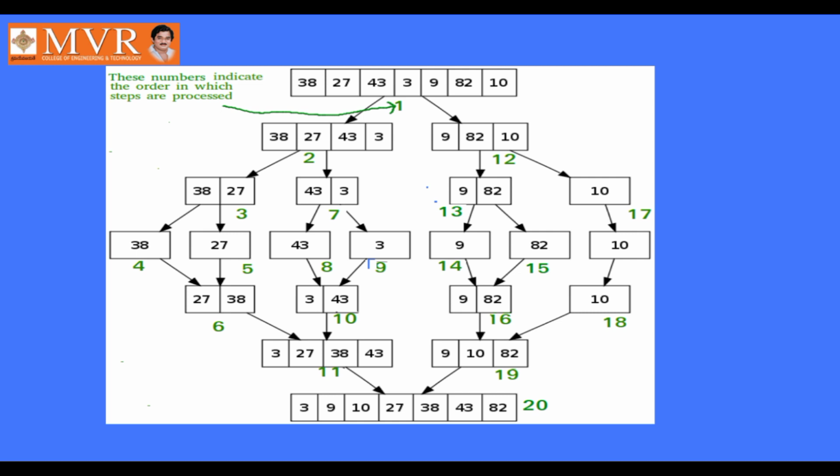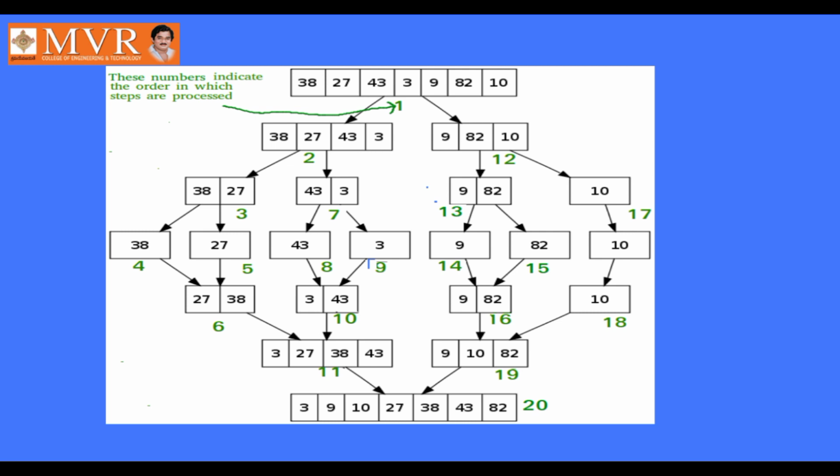So when I calculate the mid value, it becomes 0 plus 6 by 2, that is equal to 3. So I divide the list into two halves, that is 0, 1, 2, 3, meaning 38, 27, 43 and 3 will come into one sublist, and 9, 82 and 10 will come into another sublist.